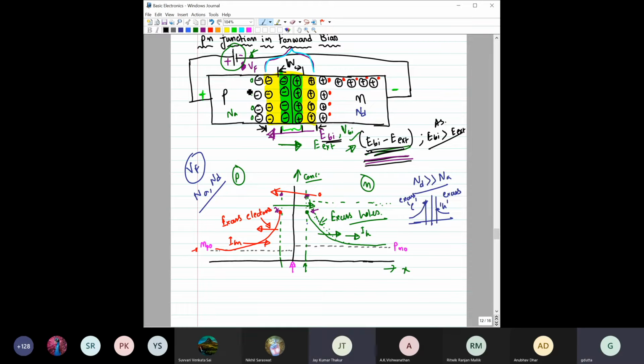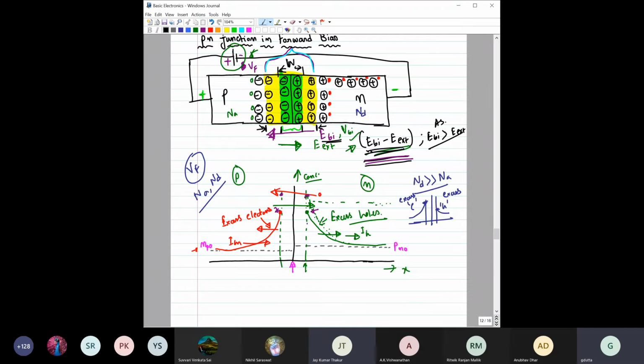Sir, I mean to say that in the P region, the major charge carriers are holes and the minority carriers are electrons. And in the N region, the majority are electrons and the minority are holes, right? Right. So by taking the PN junction into consideration, the total sum of electrons in the whole PN junction is constant. Right.